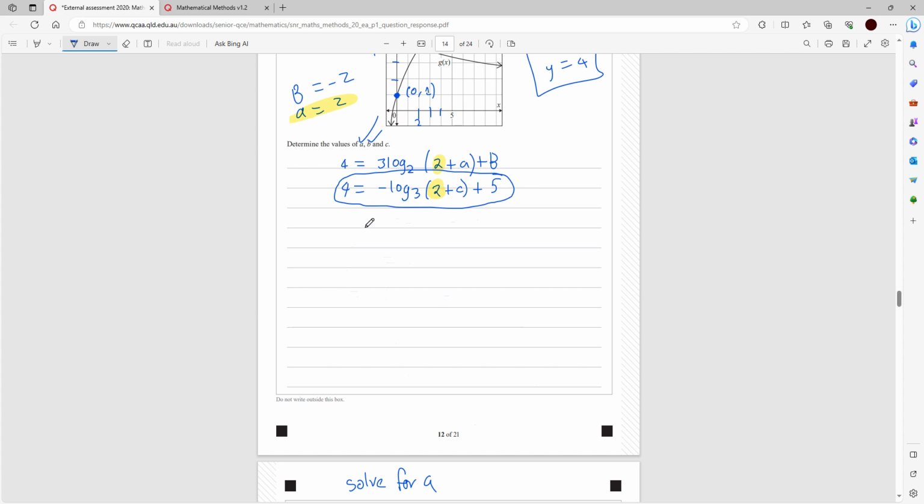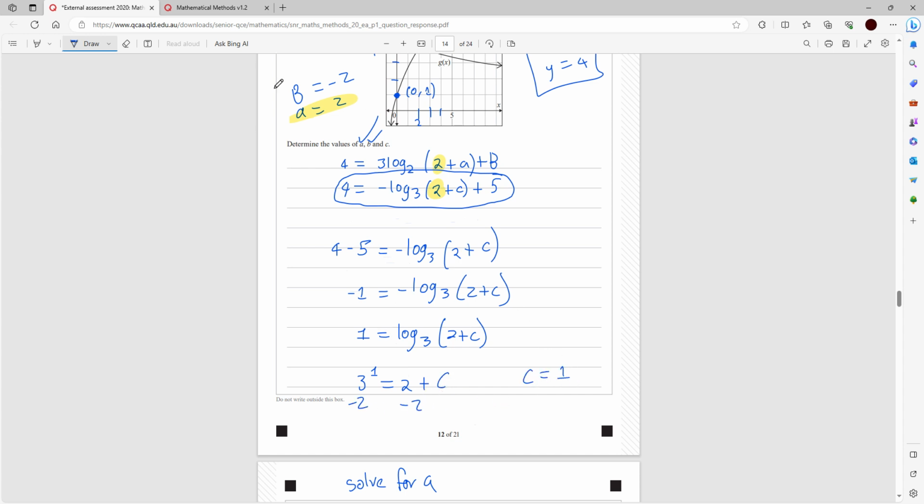So I'm going to move the 5 over, so I have 4 minus 5 is equal to negative log base 3 of (2 plus c). This is going to turn to negative 1, but we also have a negative over here, so we can cancel that by dividing by negative 1. So we'll have 1 is equal to log base 3 of (2 plus c). I can rearrange that into an exponent by going 3 to the power of 1 is equal to 2 plus c, minus 2, c is equal to 1. C equals 1, and that's me, a, b, and c, all found.